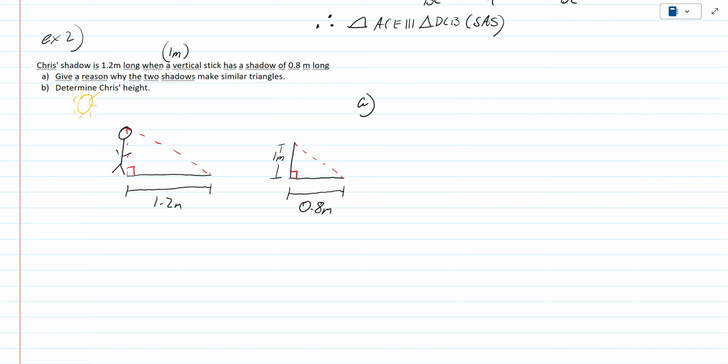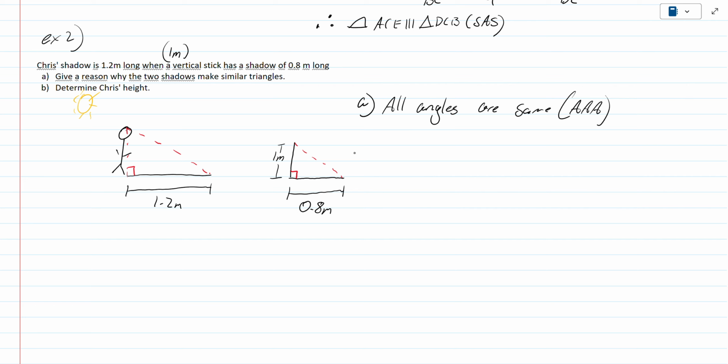Well, we know that the lengths are different, but all angles are the same. And what are those angles? Well, we don't really need to know. We just know that they will be equal. We know that there's one right angle in each triangle, but we don't actually need to know what the other angles are.